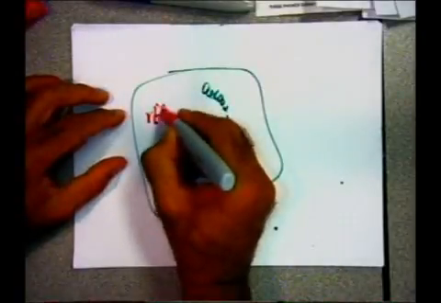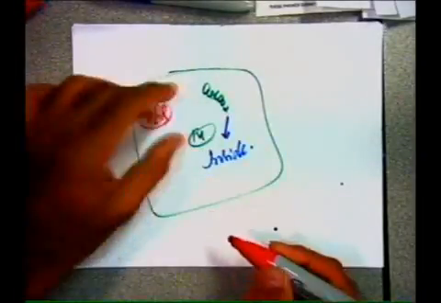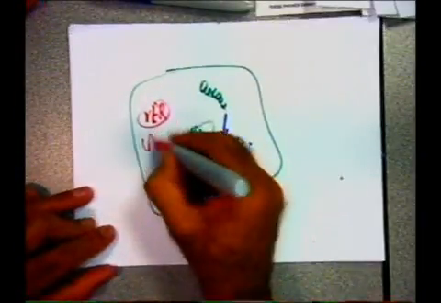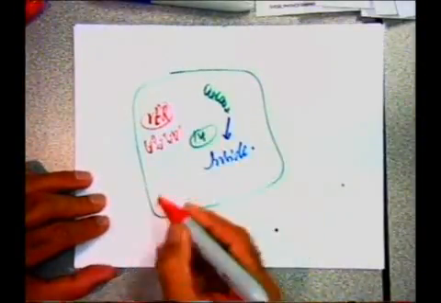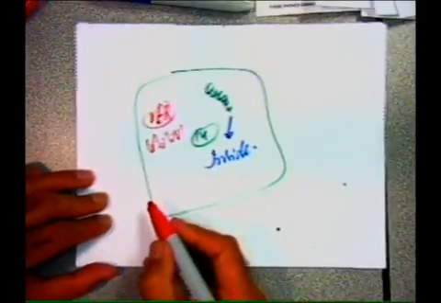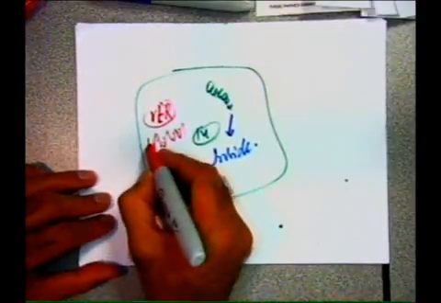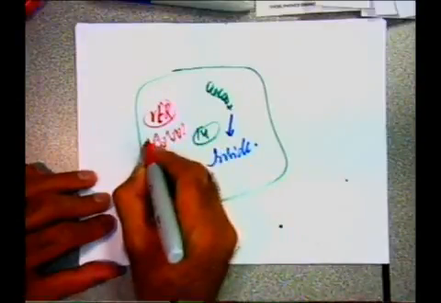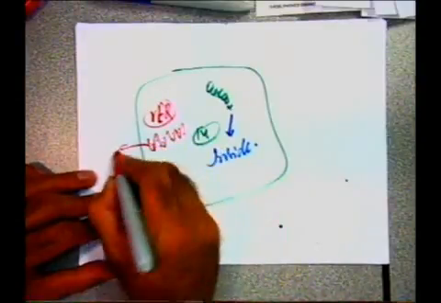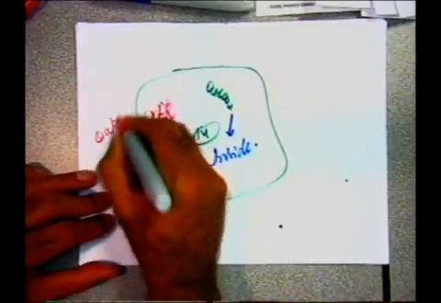And I also mentioned earlier that the rough endoplasmic reticulum will also have ribosomes attached to it, right. So these ribosomes present in the rough endoplasmic reticulum also carry out protein synthesis, and that will produce the protein and export it outside the cell.